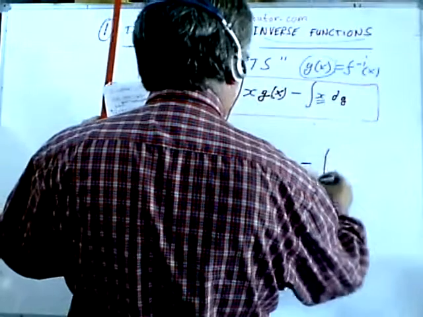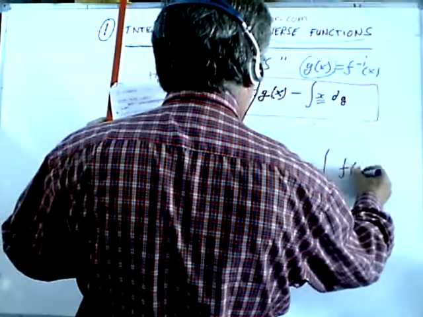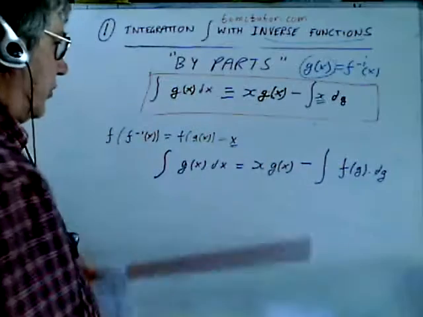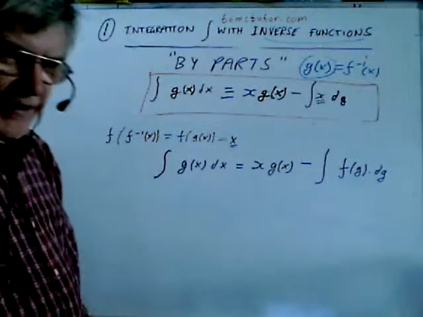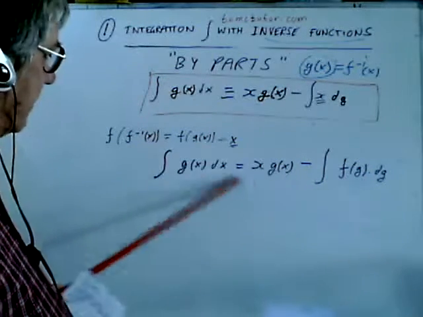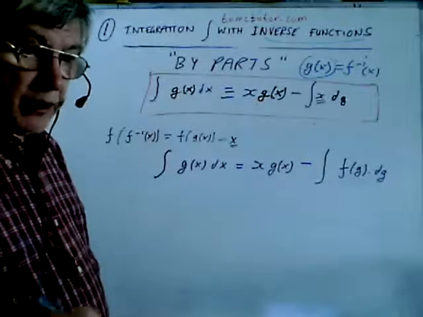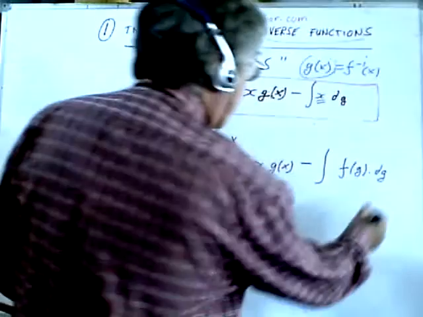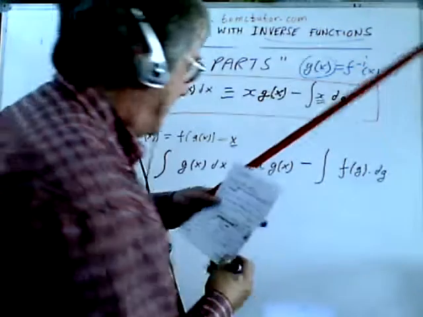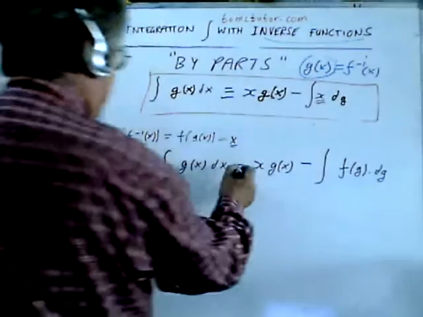Minus the integral of f of g dg. Now you purists out there should see there's a wee slight problem here, because the variable here is g and the variable in there is x, but don't worry about it, because at the end we just replace, put the x back in again.